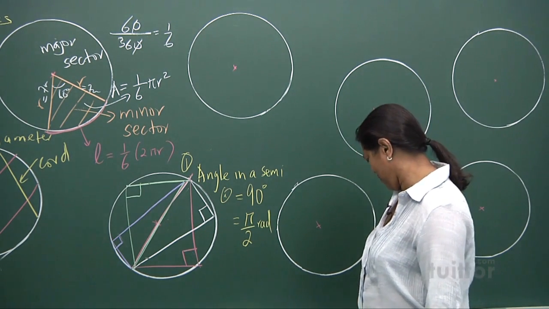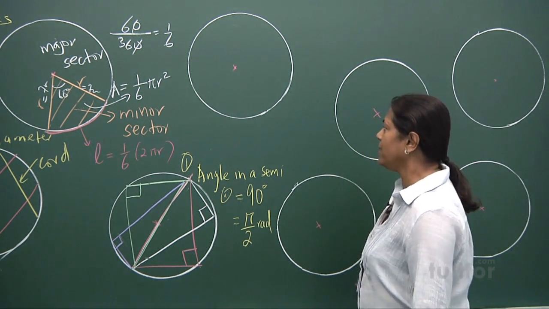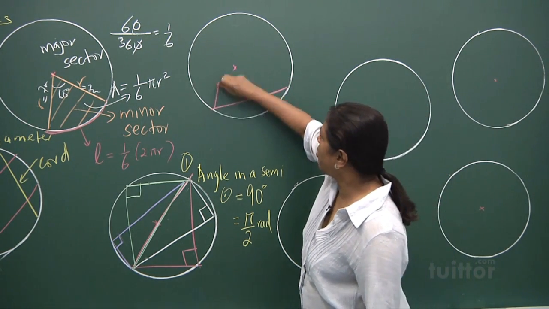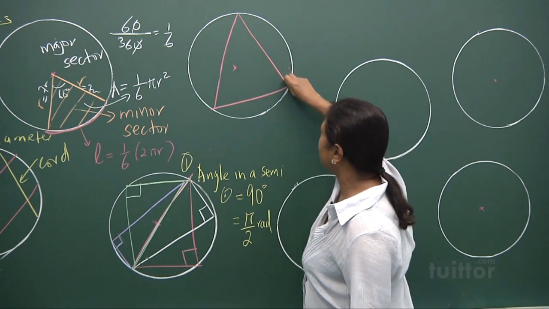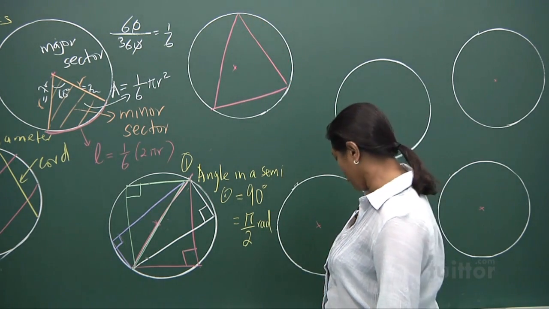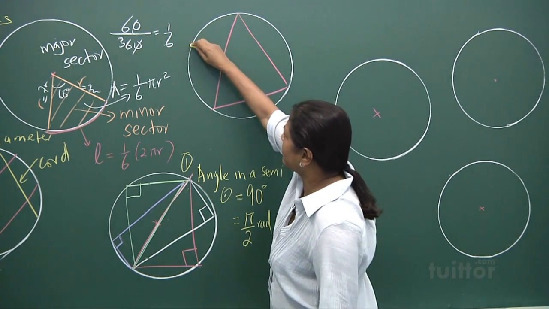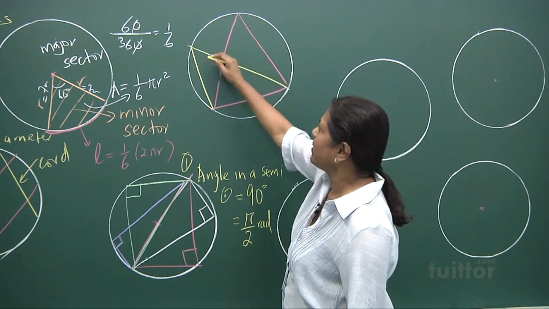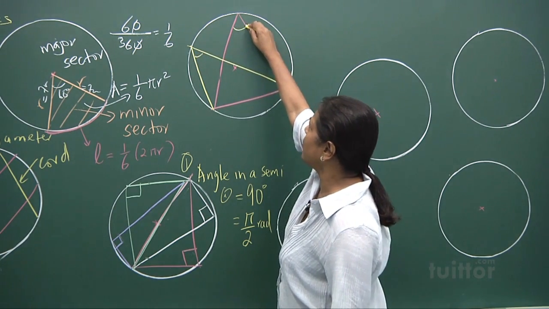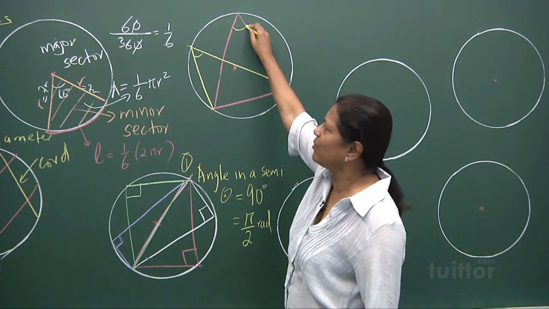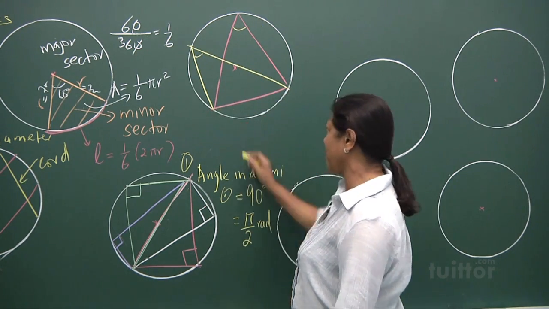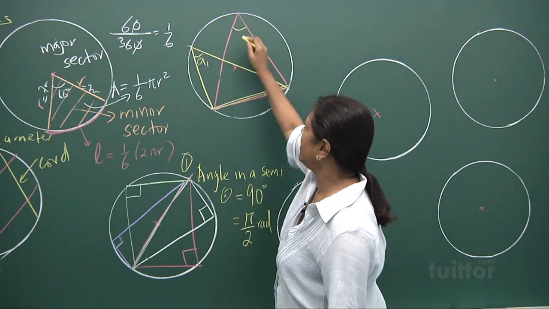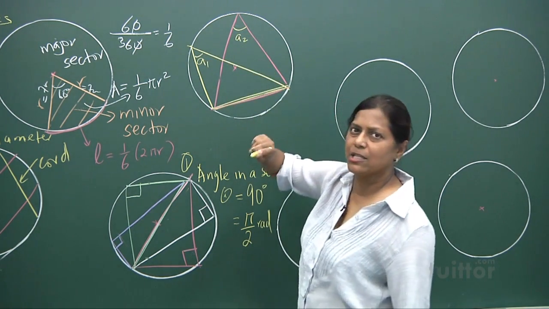if I have a chord and I draw a triangle here, and I draw another triangle here, these two angles will be equal. Why is that so? Because they're looking at the same chord. A1 is equal to A2.